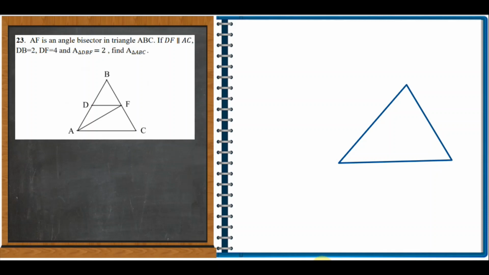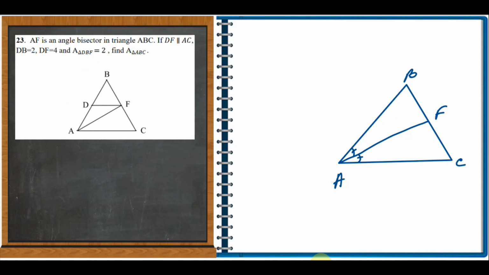Number 23. In this question, we see a triangle ABC. It's given that AF is an angle bisector. So let's write AF. That's an angle bisector, so it divides the angle into equal parts.